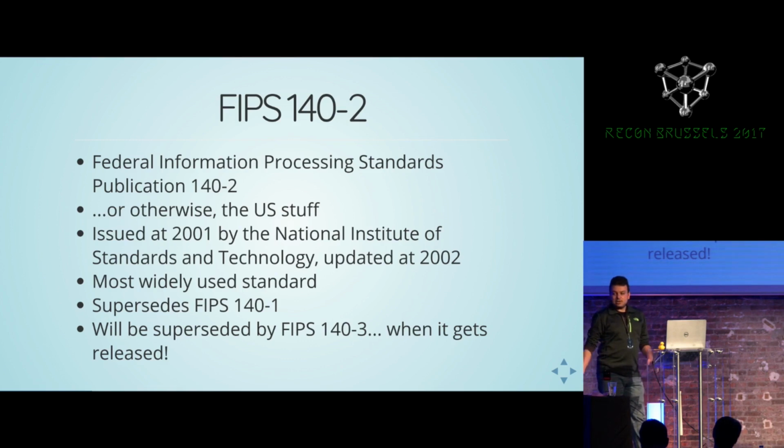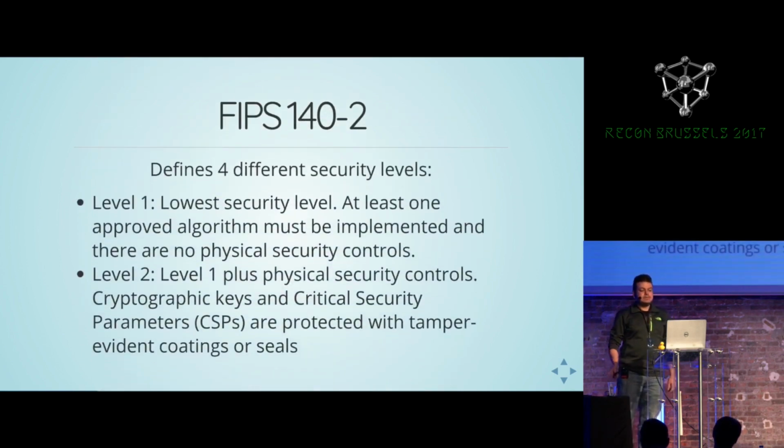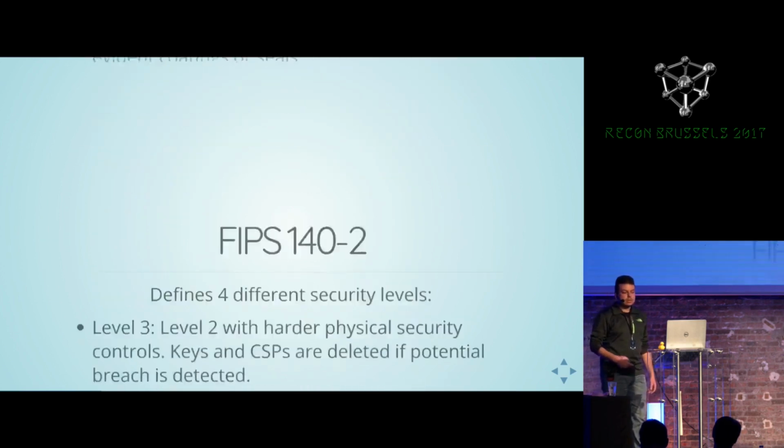There's a very funny story behind FIPS 140-3. Three different drafts have been written so far, but none has been signed by the Secretary of Commerce. FIPS 140-2 specifies four different security levels. The first level has some requirements about the algorithms that are implemented. Level 2 adds some physical security controls.